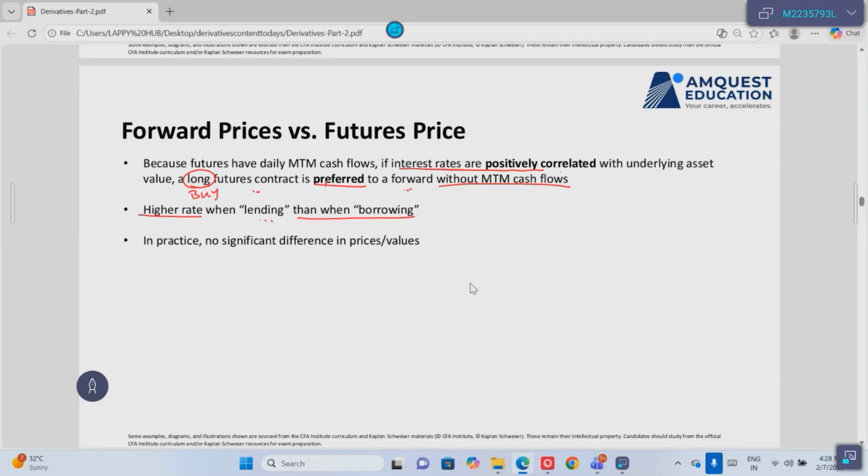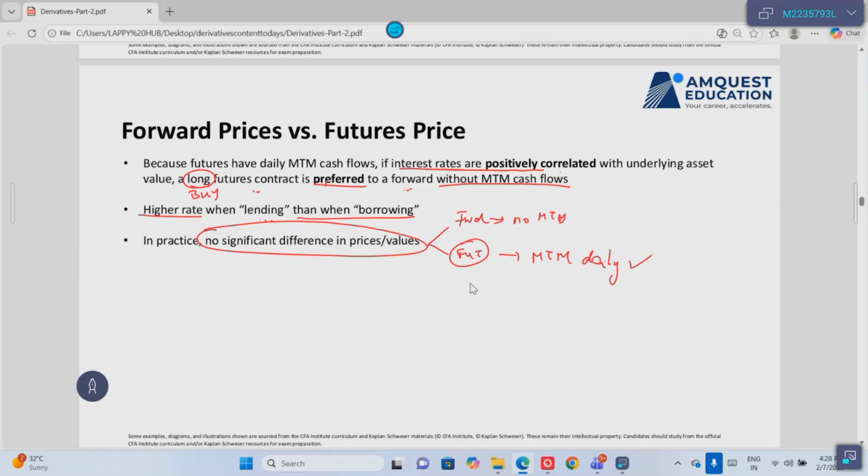Okay. Now, there won't be major differences in price or values. It is only that in a forward, you are not doing any mark to market. That's the main difference. But in a future, there are mark-to-market cash flows every day. So this is a big headache in futures, and that is why it's dangerous to have a futures contract where every day they might ask you to pay money or they might pay you money, but that's completely contingent.